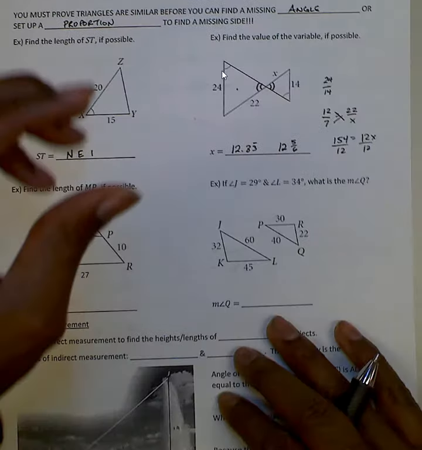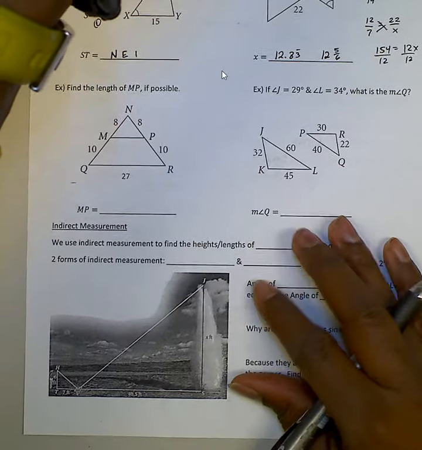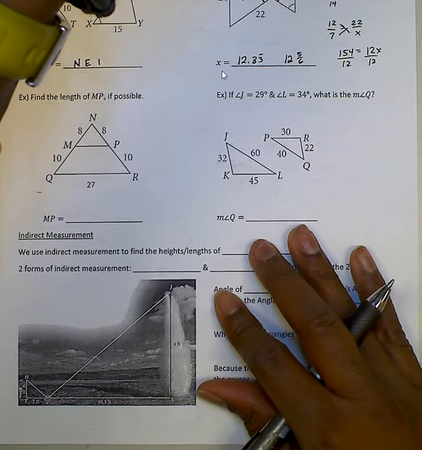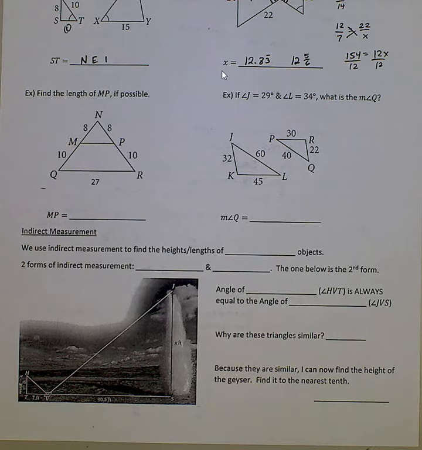Next problem. It says find the length of MP if possible. So for that, what we want to try to do is prove that two triangles are similar.